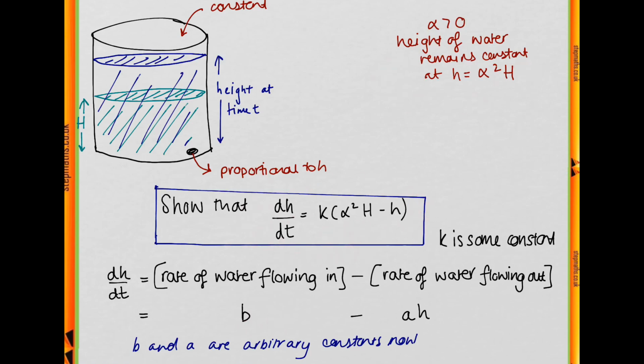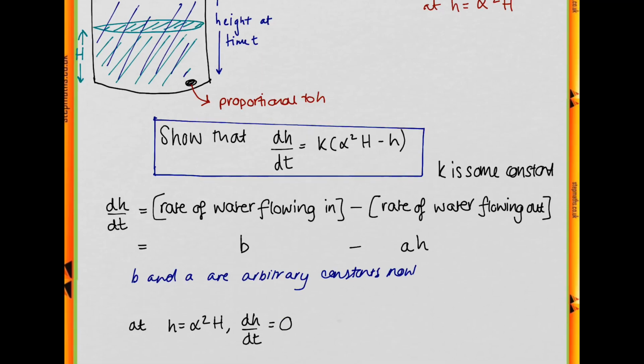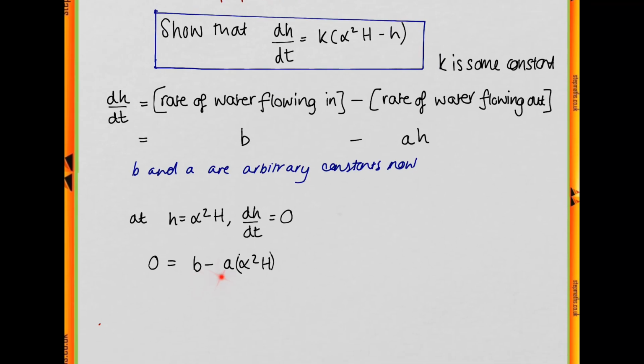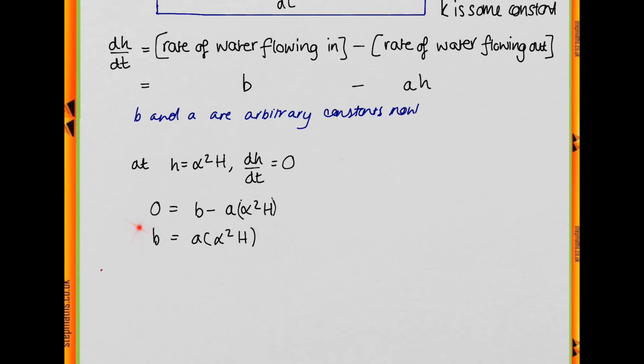What we can deduce is if the height of water remains constant, that means that dh/dt equals 0. So dh/dt is 0 when h equals alpha squared big H. So if we plug this into our differential equation here, we get 0 is b minus a times alpha squared big H. So we get a relation between b and a. And now we can sub this expression for b back into dh/dt.